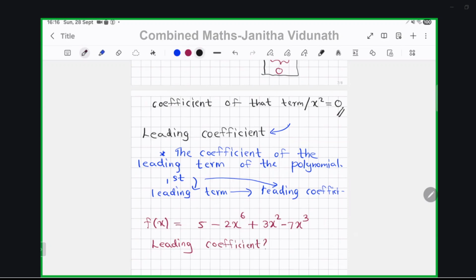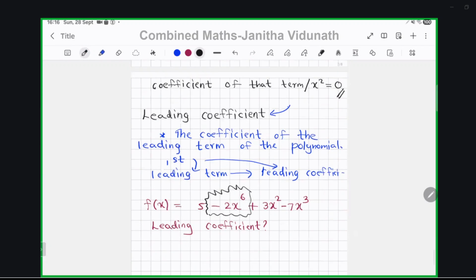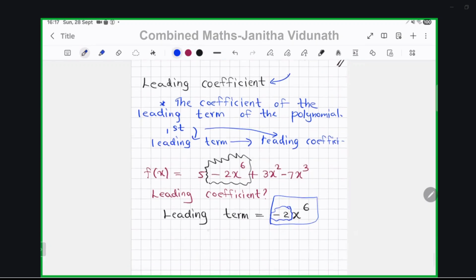First, we need to identify the leading term with the sign. We already know this is the leading term. Then the leading term is equal to negative 2 times x to the power 6. Then what is the coefficient of this term? The coefficient of this term is minus 2.